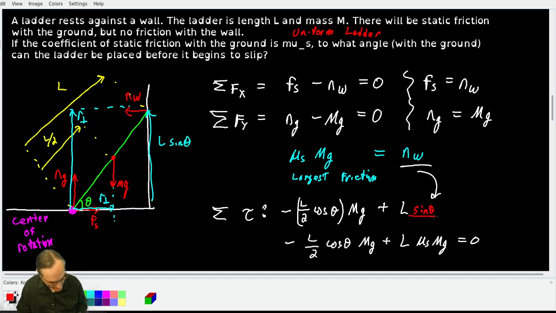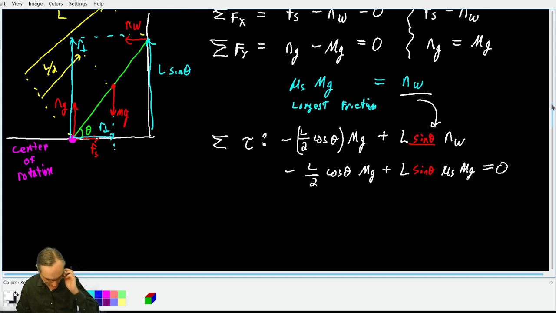So the correction, we get a sine theta here, and then our normal with the wall. That also causes a correction down here, where the missing sine theta is now inserted. Mu sub s mg, that's fine. Okay, we are now good to go.